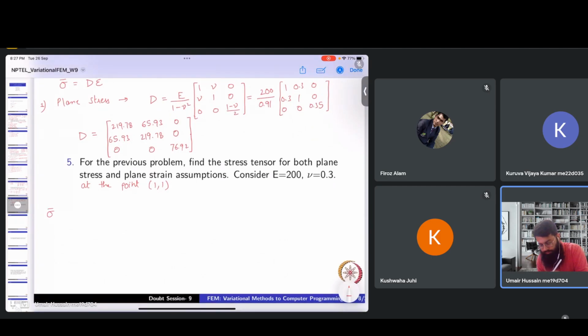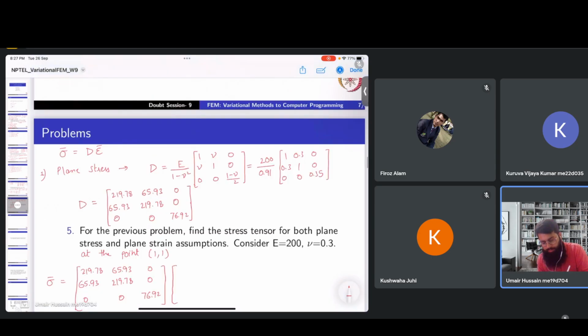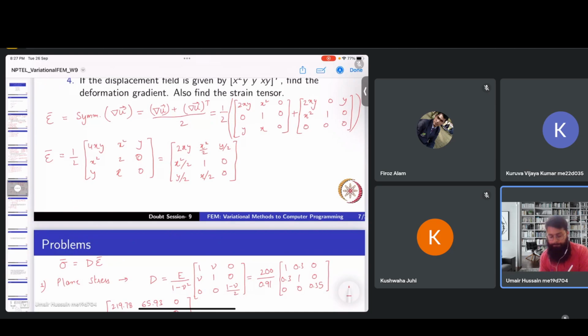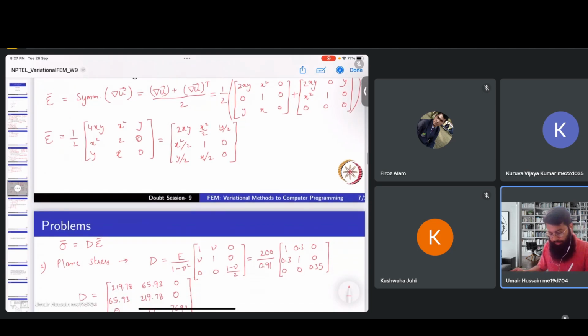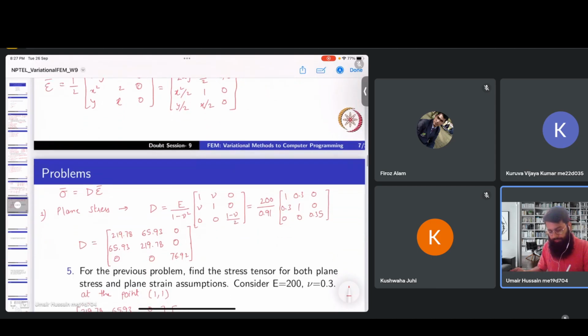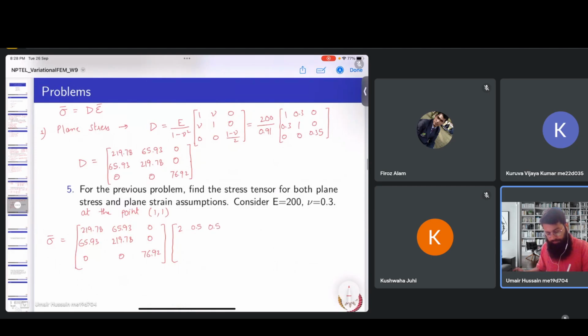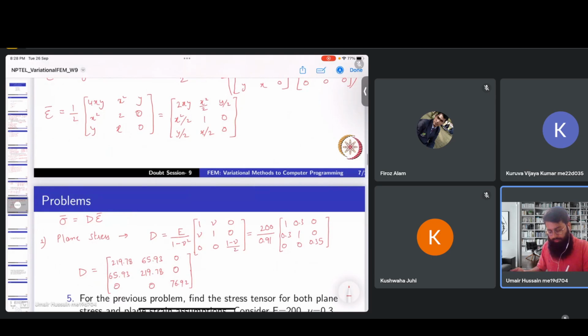So our stress is this matrix multiplied by the strain: 2x would be 2, y would be 1, x square by 2 would be half.